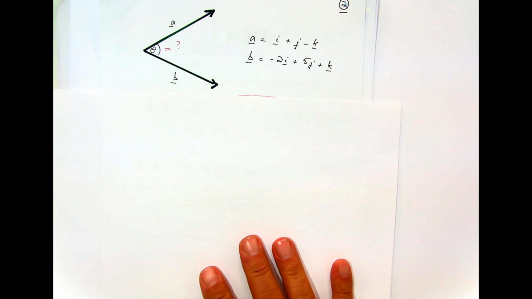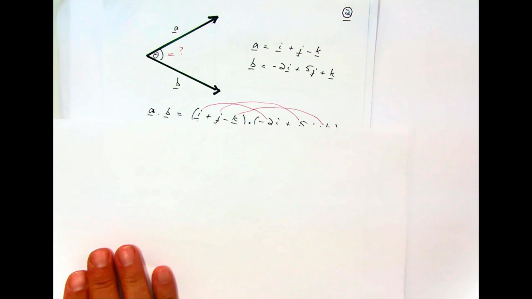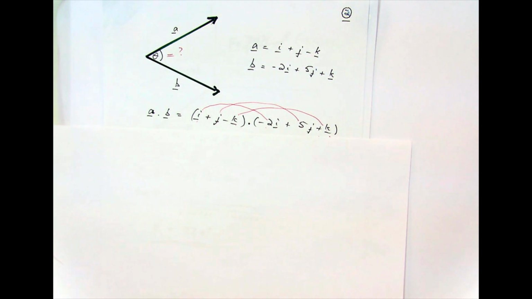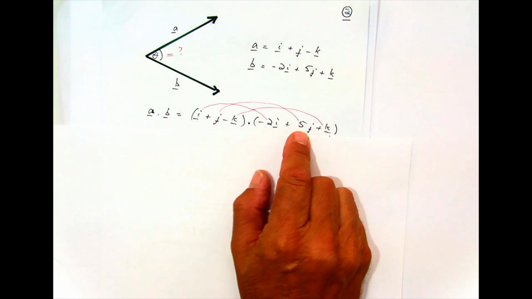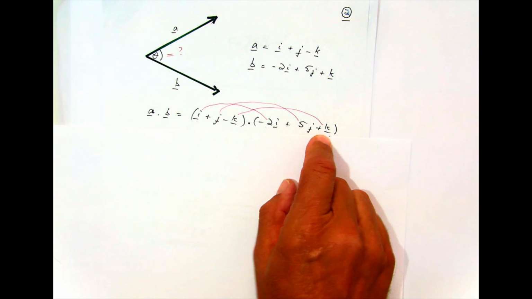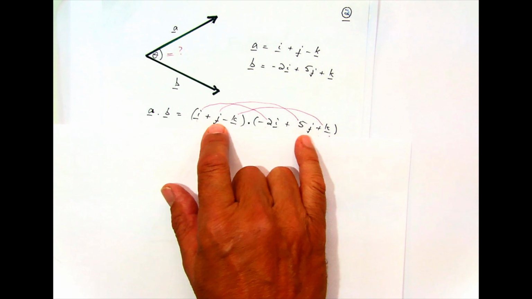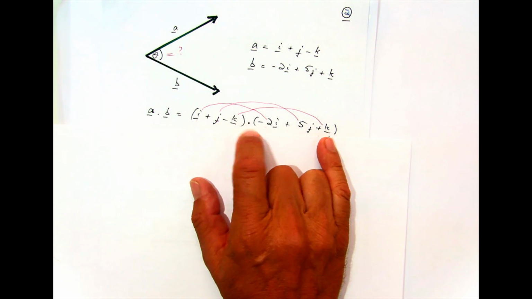Now A dot B, if you write that out, you get something like that: I plus J minus K dot minus 2I plus 5J plus K. And now you multiply the I with the I, and the J with the J, and the K with the K.